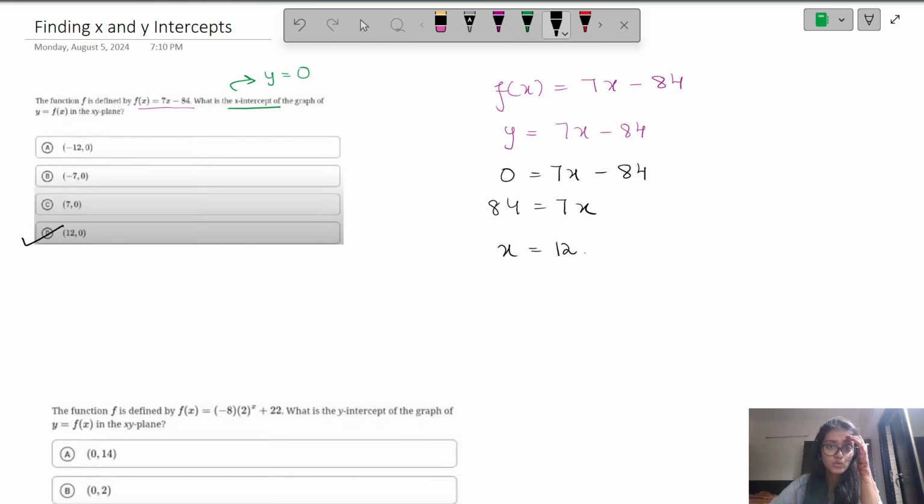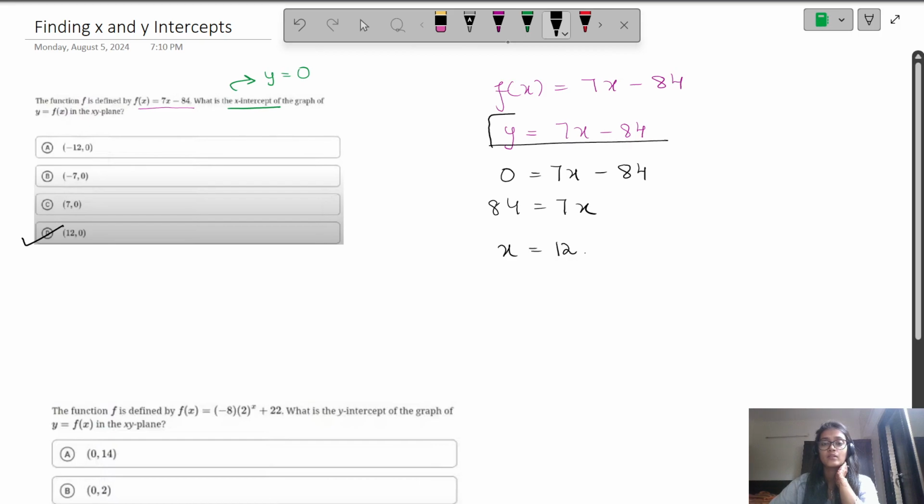What you have to do is, when you have to find out the x-intercept, just plot this equation on DESMOS, and we will see at which point the graph of this equation touches the x-axis.